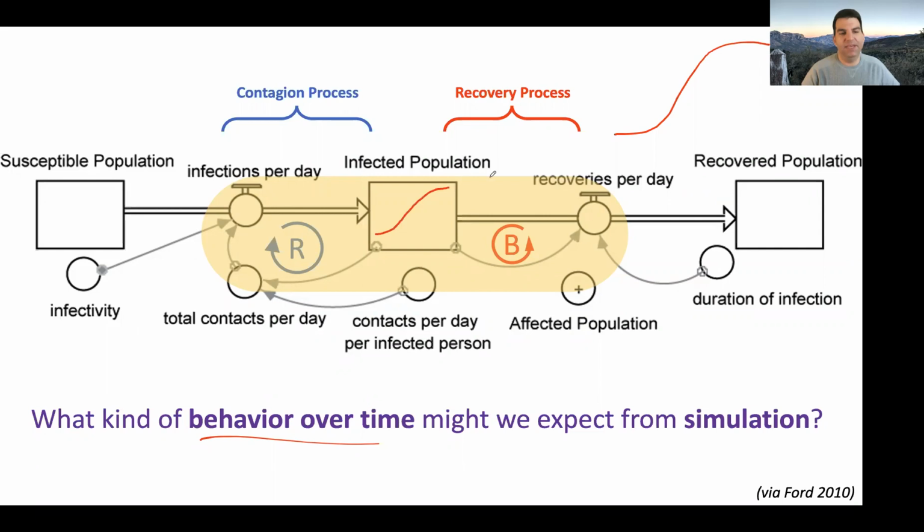And so maybe it'll level off. And so we're expecting to see S-shaped growth somewhere in this system, from the rapid growth of the infections that eventually slows down. Okay, so let's see if we're right or exactly how the S-shaped growth plays out.